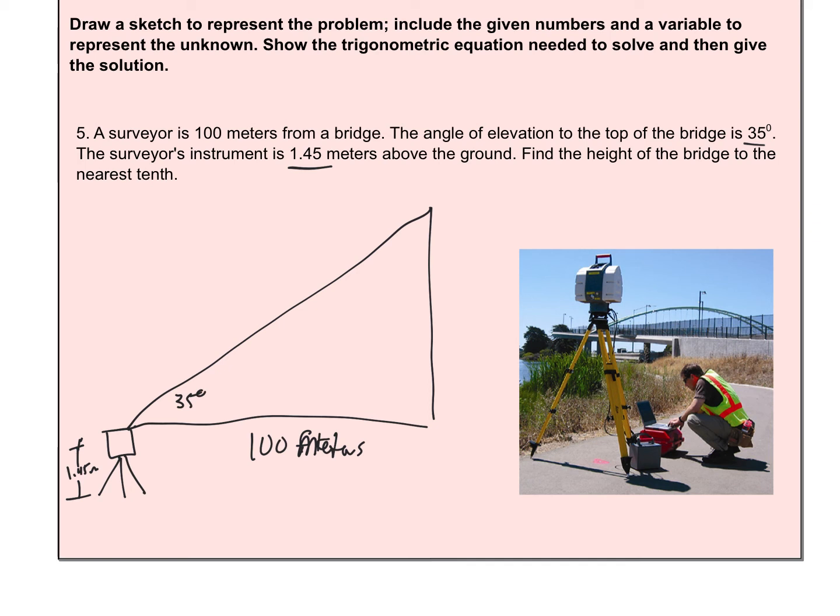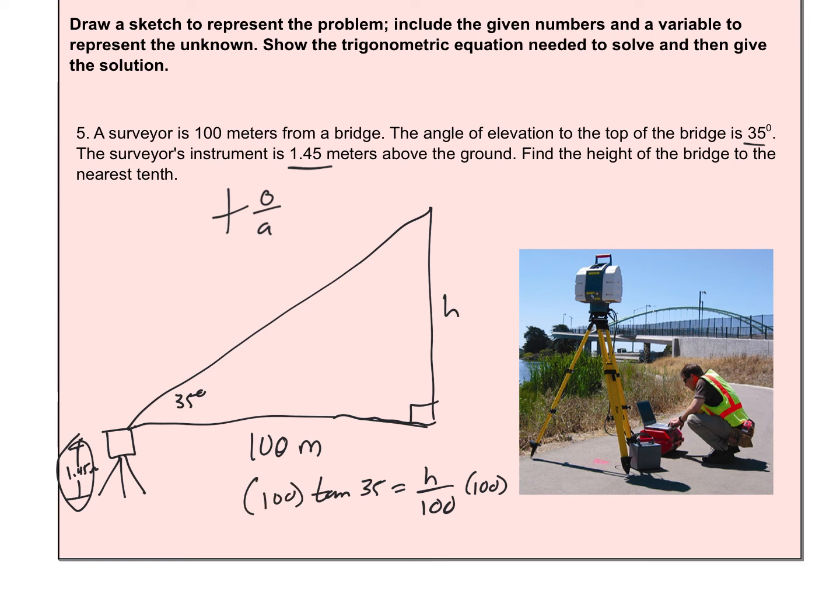So now, if that's my information, I can do a little work here. But I just have to remember I'm going to add this 1.45 at the end. I want to know the height, so I'm going to take tangent of 35 equal to h over 100. Still that TOA piece. So multiply both sides by 100.